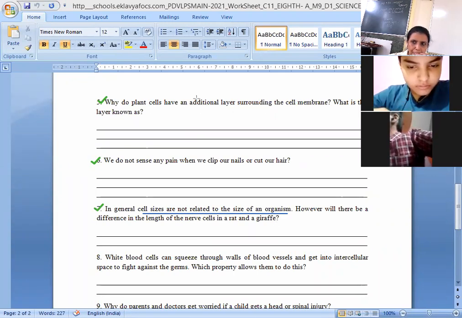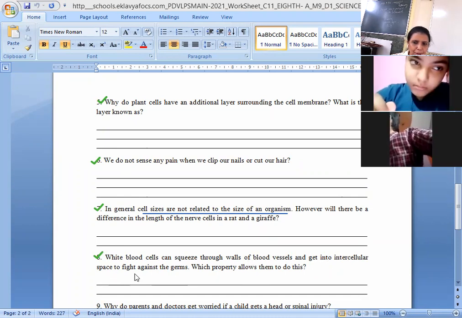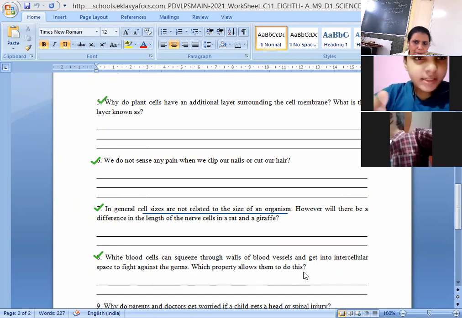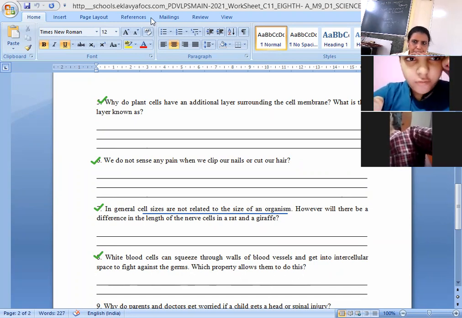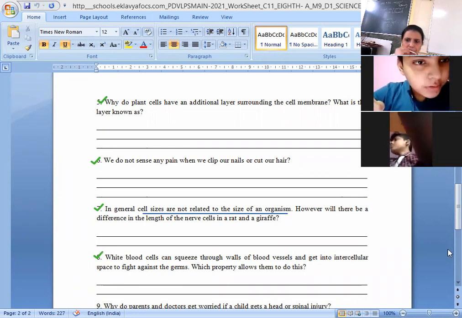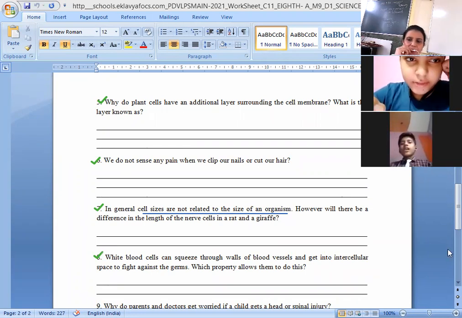Next, blood cells. WBCs, white blood cells, can squeeze through walls of blood vessels and get into intercellular space to fight against the germs. Which property allows them to do so? Anyone? Because WBCs change their shape.